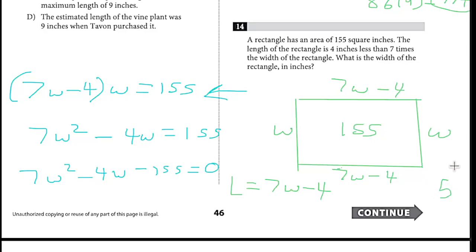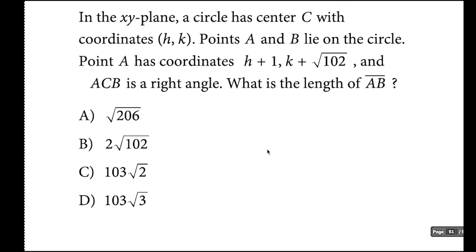Power of Desmos. This one, we want to start by drawing this circle that they're telling us about. It's also telling us we have A and B on the circle. This is HK, so we could also just remember that that's HK. And then talking about A, it says point A has coordinates of H plus 1.